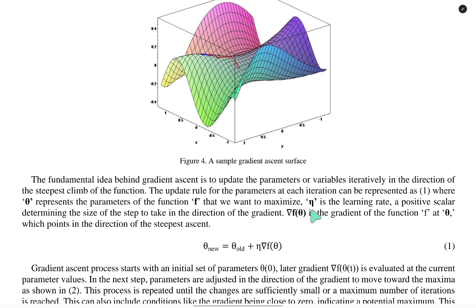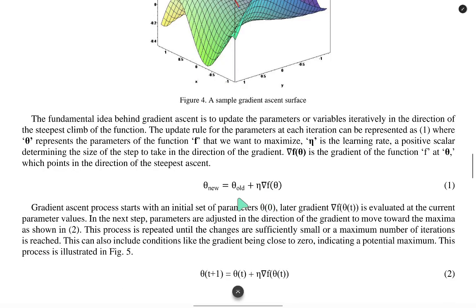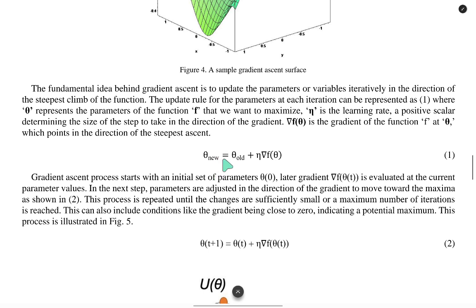Eta is the learning rate, a positive scalar determining the size of steps to take in the direction of the gradient. Delta f theta is the gradient of the function f at theta, which points in the direction of the swiftest ascent. Theta new equals theta old plus eta delta f theta.